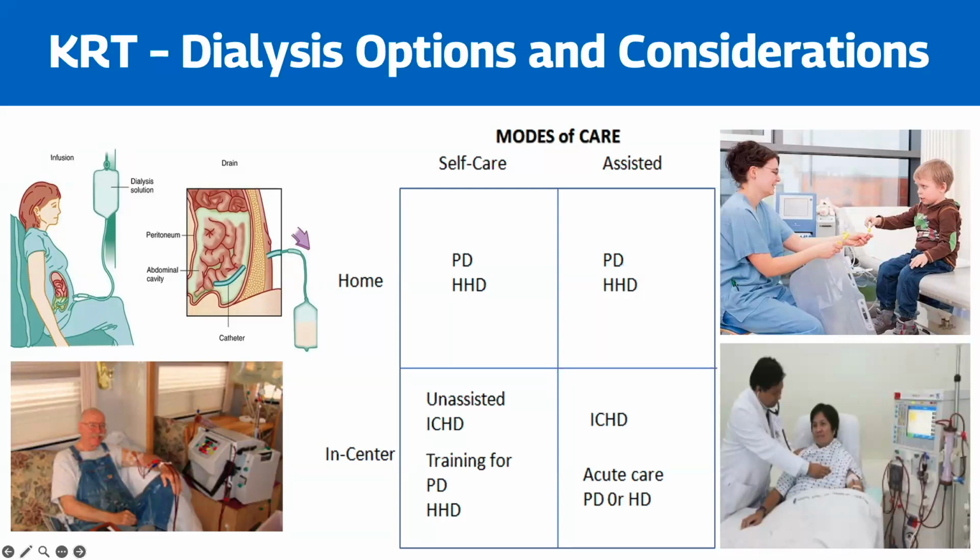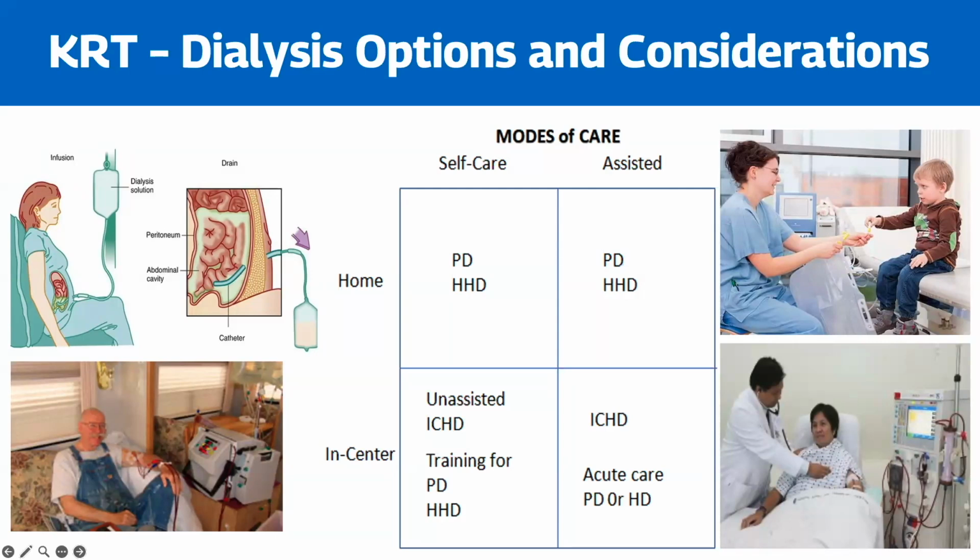Self-care dialysis on the left, whether it be peritoneal dialysis or hemodialysis, can be performed primarily by the patient in the setting of their choice. While it is usually at home, some patients may do self-care hemodialysis in an outpatient in-center medical setting.